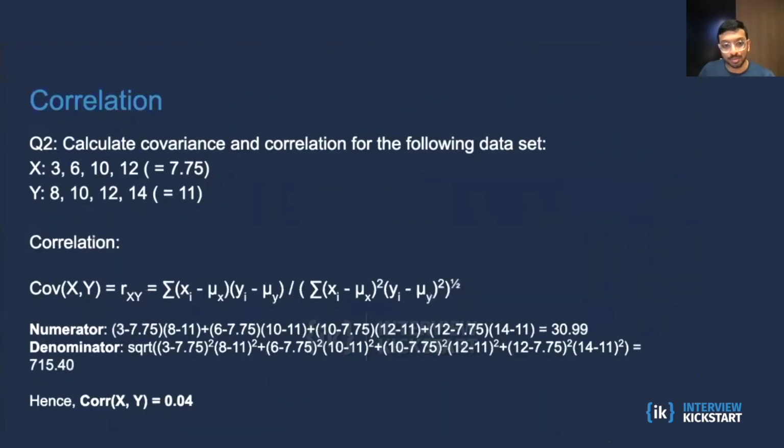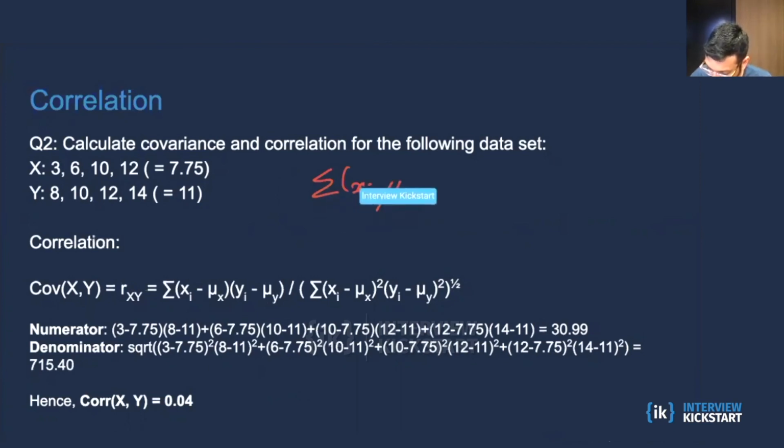So let's go about calculating the correlation. And we have the same 4 points. We're going to plug them in to this formula that we came across, and obviously it's complicated. So over here we have the numerator and the denominator separately. Let's rewrite the formula over here so that it's more neatly written.